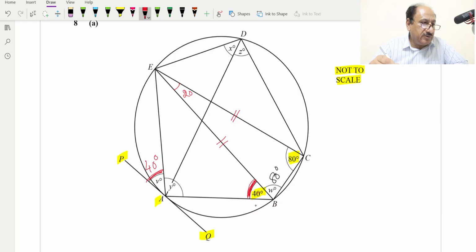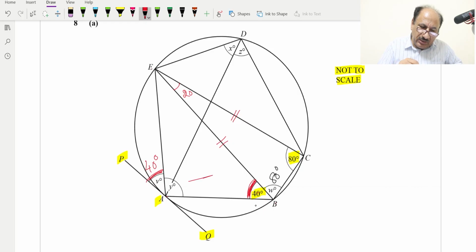We have written this. Okay, so now if we check this, basically this one is 80. AECB is a cyclic quadrilateral.